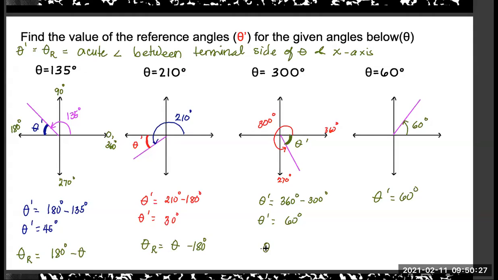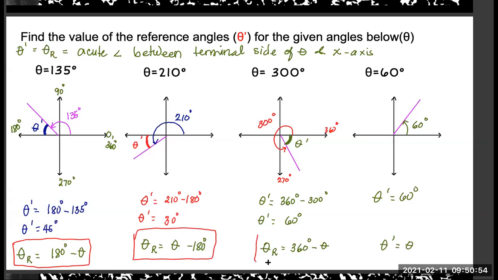So your reference angle would be equal to 360 degrees minus whatever that theta is. And if the angle is in the first quadrant, the reference angle is the same as the angle. Okay, so again, this is how you find the reference angle so long as the angle is positive.